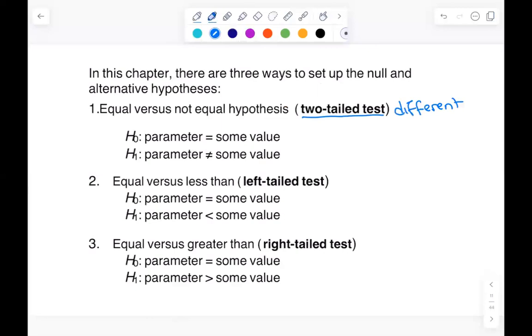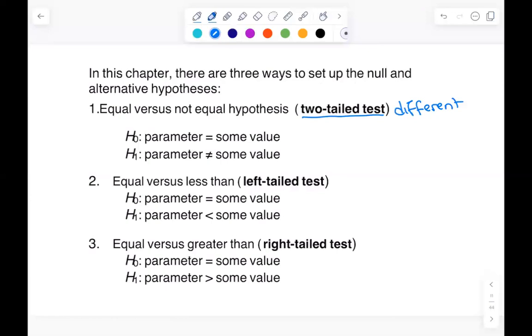It's just not equal to. So if I say that I believe it is different today, then it could be more than it used to be, or it could be less than it used to be. We just know it's not equal. So that's a two-tailed test, because we have areas above and below the mean that could be possible.